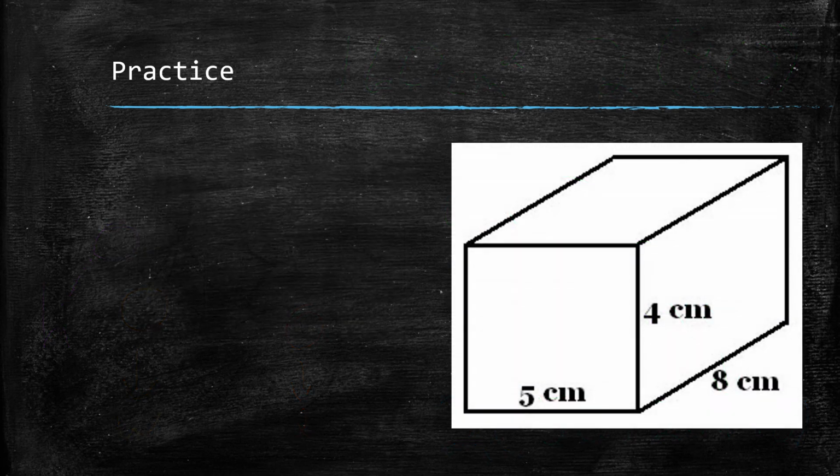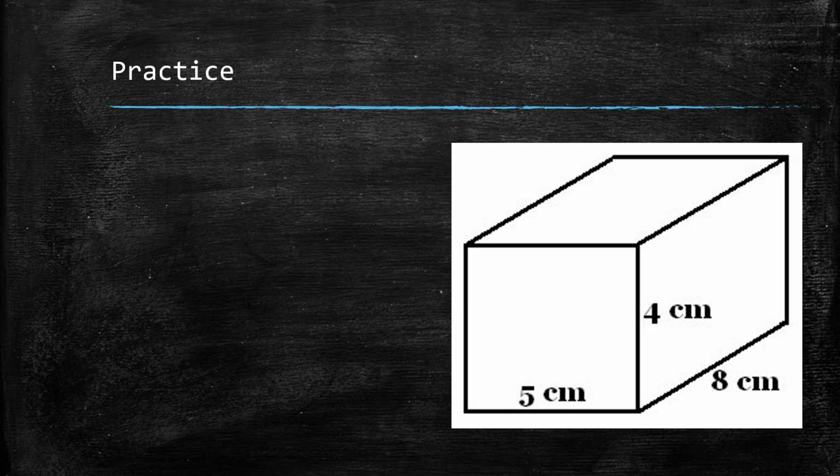I'd encourage you to pause the video, try this one on your own, and then check to see how you did. These just take practice. Once you get it down, this one should be fairly simple to do.